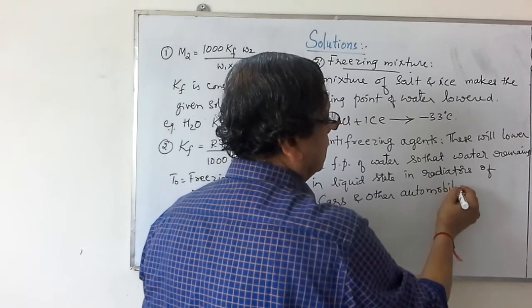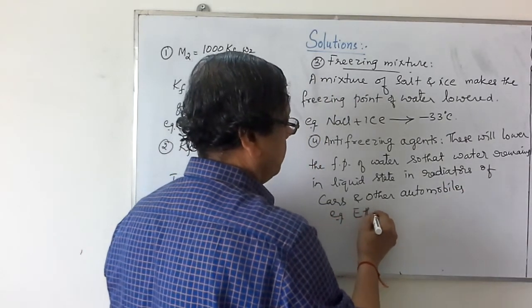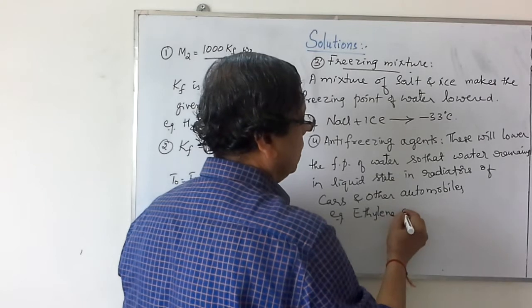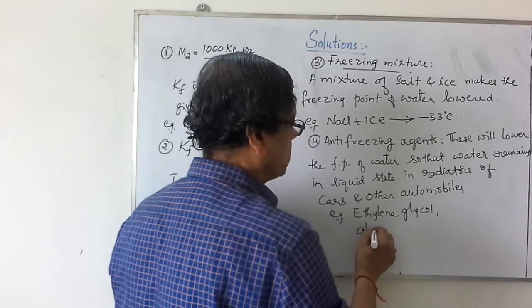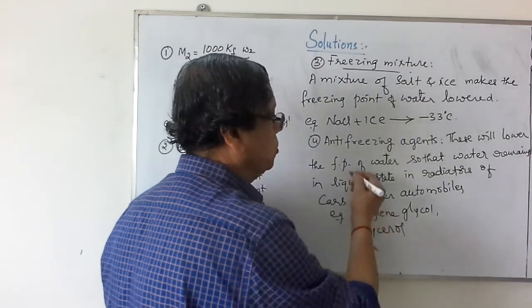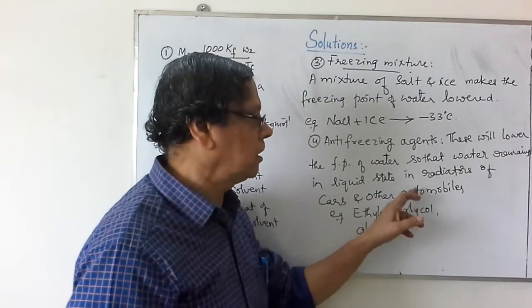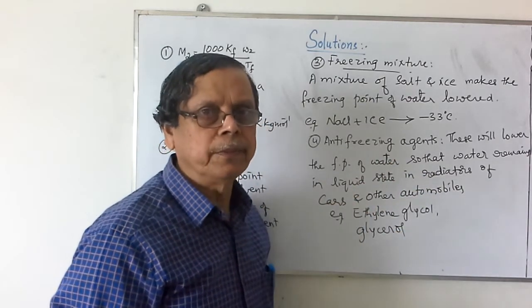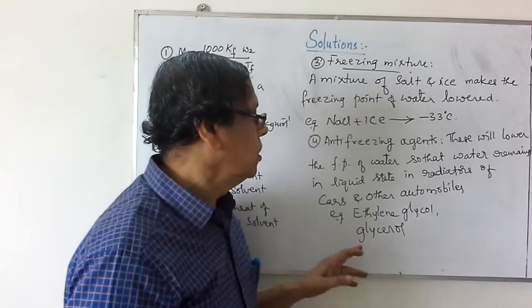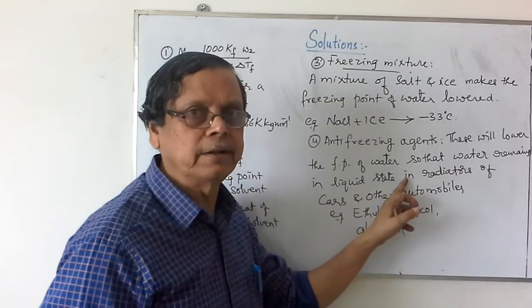For example, ethylene glycol and also glycerin or glycerol. These can be used as anti-freezing agents. When these are mixed with water, water will remain in the liquid state even though the temperature is sub-zero or below 0 degrees Celsius. So such materials will keep the water in the liquid state in the radiators.